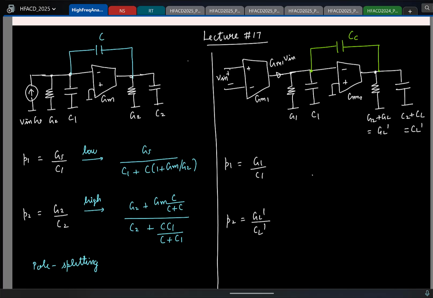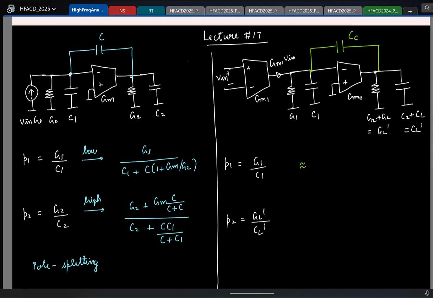So now if I do that, let's quickly write the pole location. So what will be the low frequency pole now? Help me write the low frequency pole. So what is the total capacitance here? C1 will be there. In addition to it, what else will come?